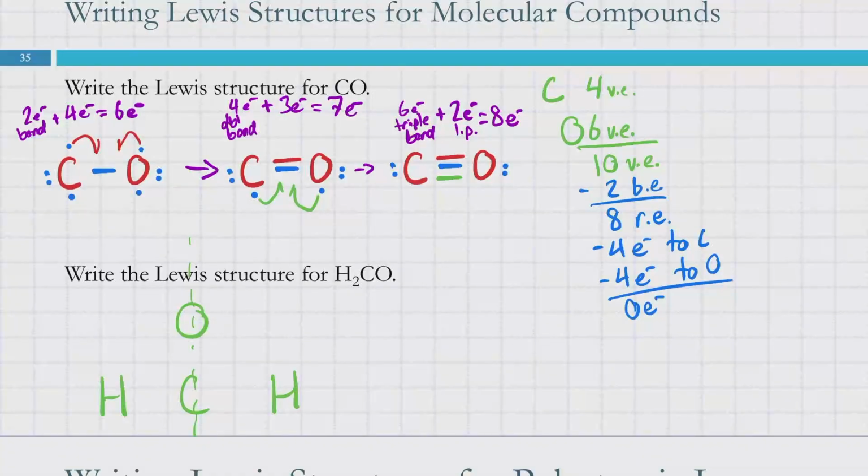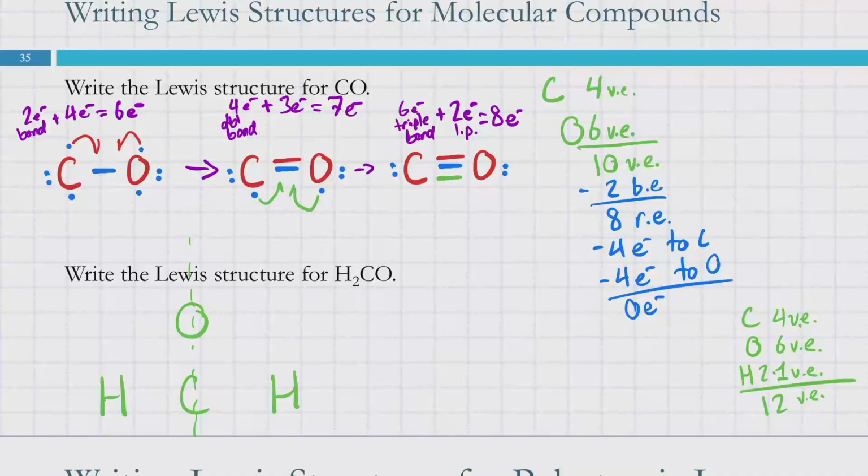And then for our electron count, we've got a carbon with 4 valence electrons. We've got an oxygen with 6 valence electrons. We've got hydrogen. We've got 2 of them, 1 valence electron each. We add that up, we've got 12 valence electrons.